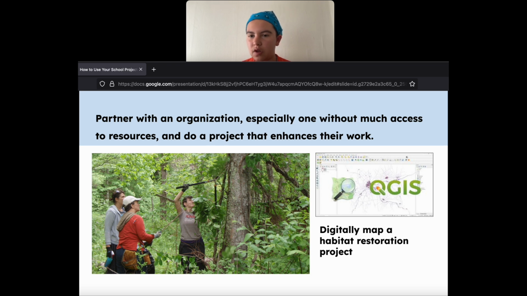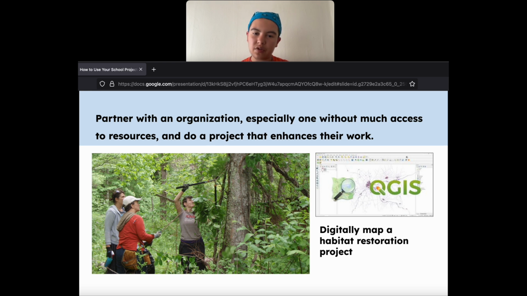But this tool over here says QGIS. GIS stands for Geographic Information Systems, and this is a pretty cool tool. It's basically any type of data set that has XY coordinates as part of the data. You can use GIS to plot them on a map.